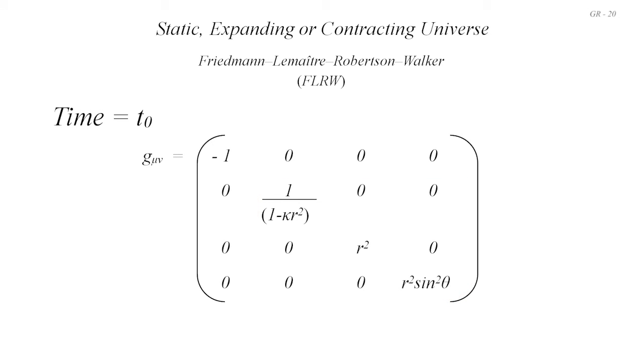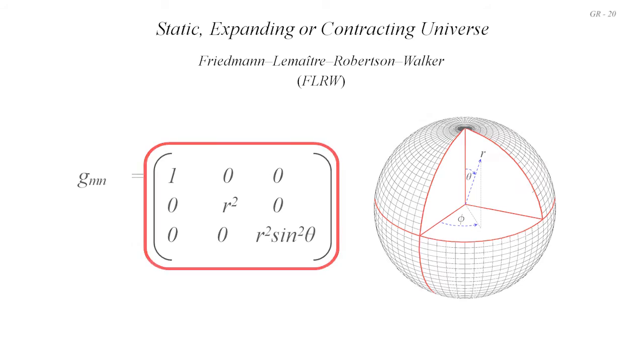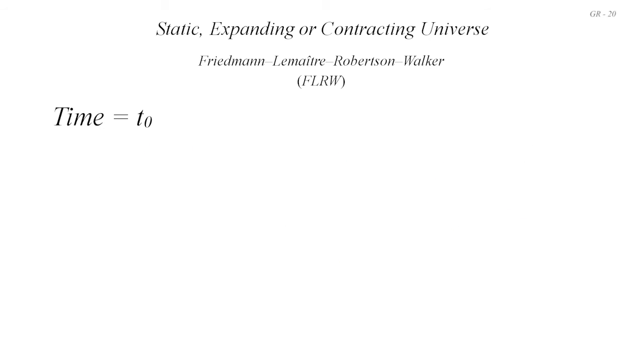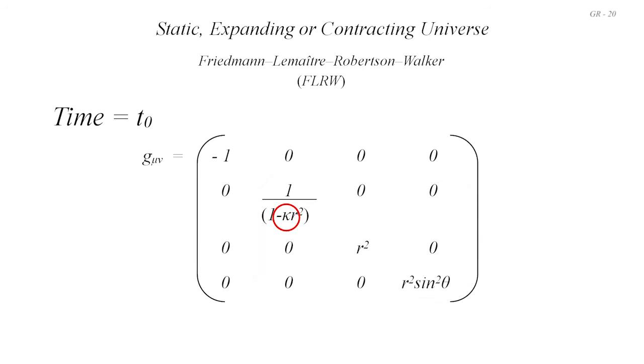If you need a reminder from video 6, the metric tensor of three-dimensional spherical polar coordinates was given by this. And this all means that at t0, the now time, we are measuring space essentially using spherical polar coordinates, apart, of course, from the extra kappa, which we'll get to in a moment.